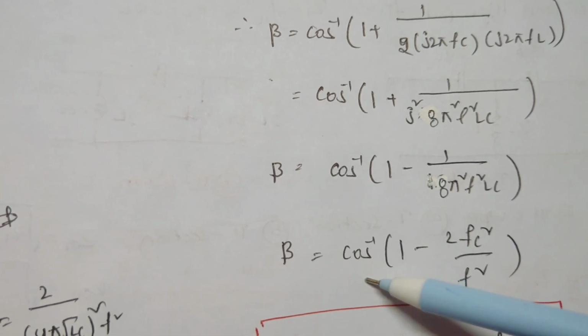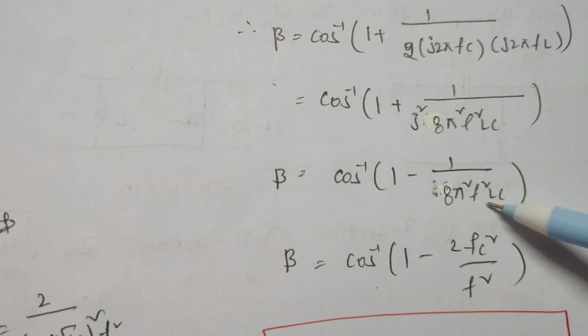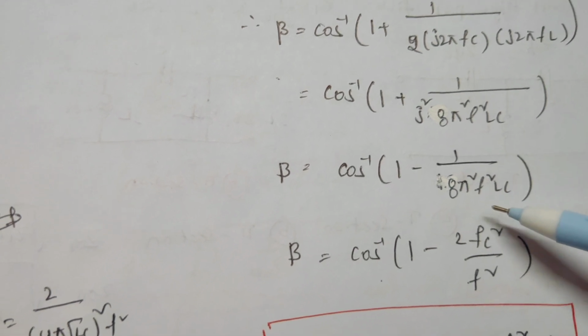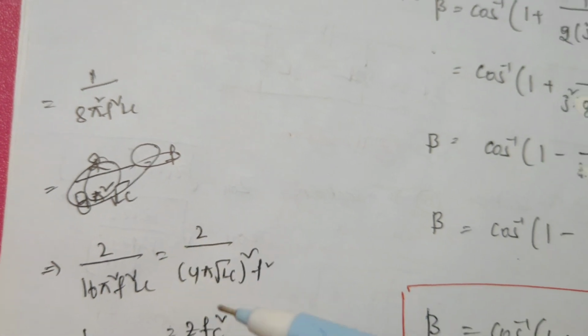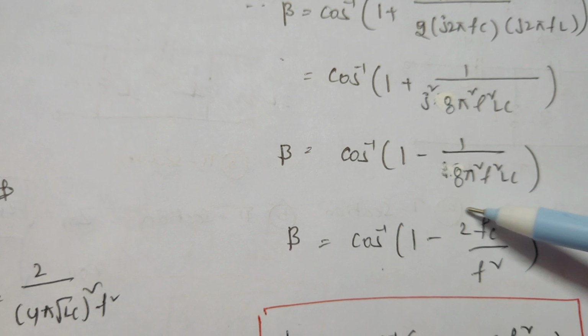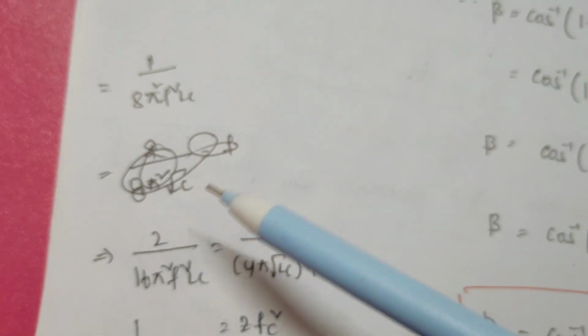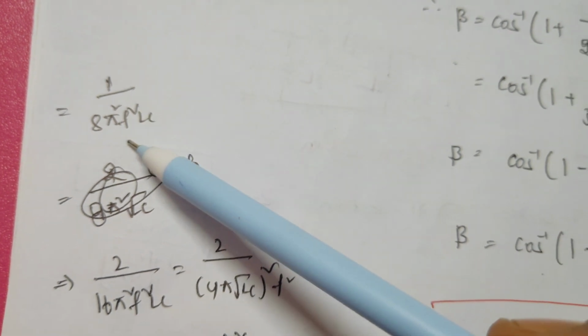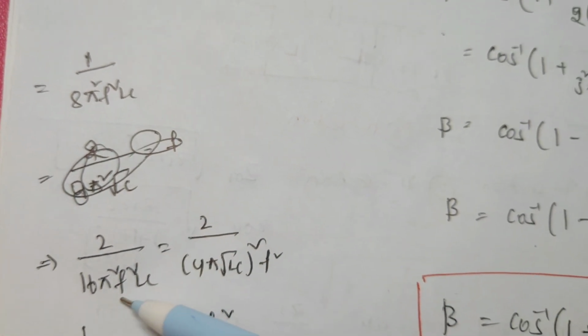beta is equal to cos inverse of 1 by 8 pi square f square LC, and we know fc is 1 by 4 pi root LC. So here we get a term 1 by 8 pi square f square LC. I am writing it as 2 by 16 pi square f square LC.